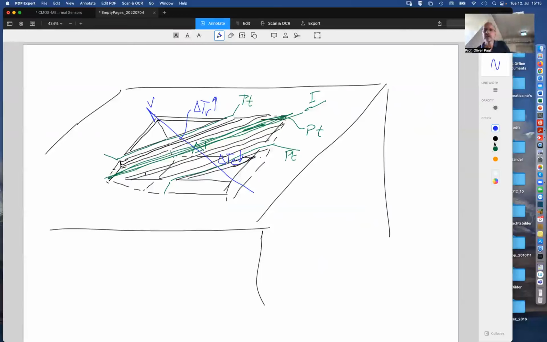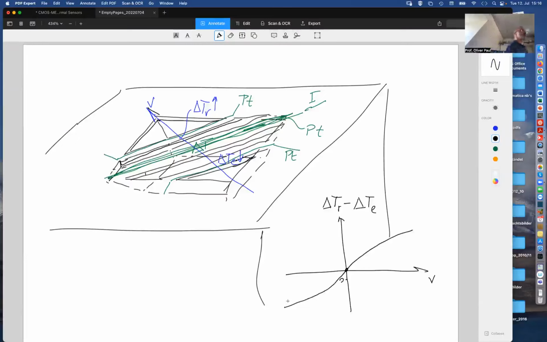If I imagine now a response curve of the sensor as a function of v, the difference of delta T right minus delta T left at velocity 0 is going to be 0. At positive velocities, therefore in this direction, delta T will go up, so the signal will be positive, and vice versa if the flow velocity changes direction.